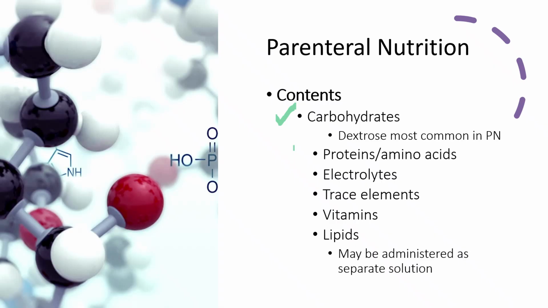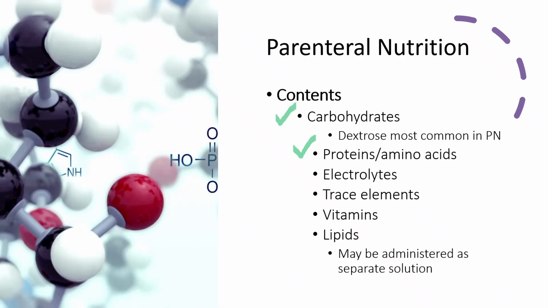Next is proteins and amino acids. So they provide essential building blocks for tissue repair, immune function, and wound healing. Amino acids are especially important for the surgical patients, trauma patients, or anyone who has increased metabolic demands.